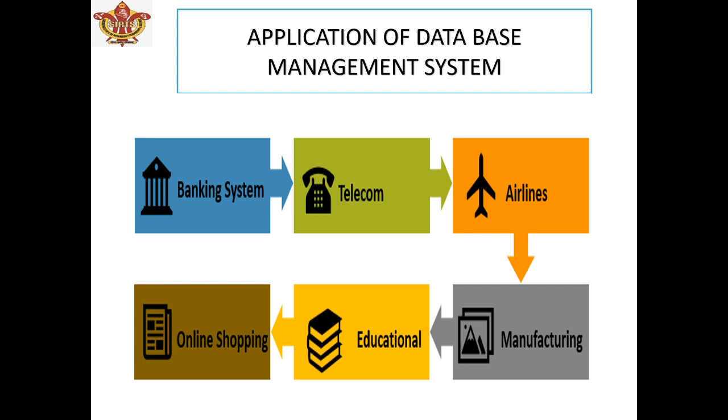The last is online shopping. We must be aware of online shopping websites such as Amazon, Flipkart, etc. These sites store product information, your address and preferences, and credit details, and provide you a relevant list of products based on your queries.